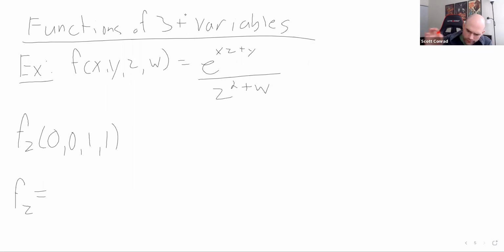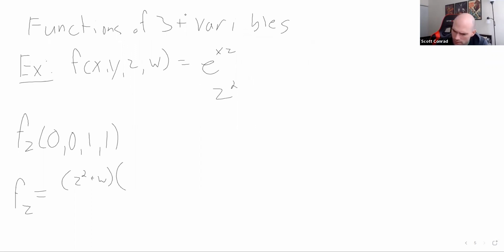Okay, so we get low d high, so the bottom, z squared plus w, times the derivative of e to the xz plus y with respect to z. Okay, so now we're treating everything but z as a constant and differentiating with respect to z.